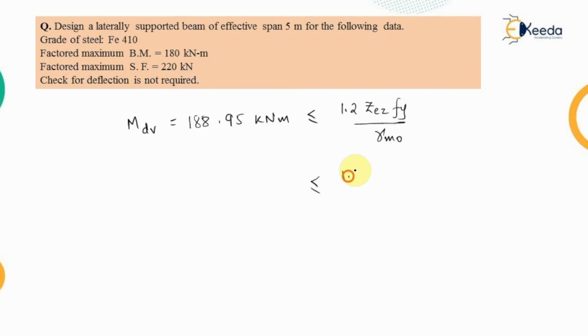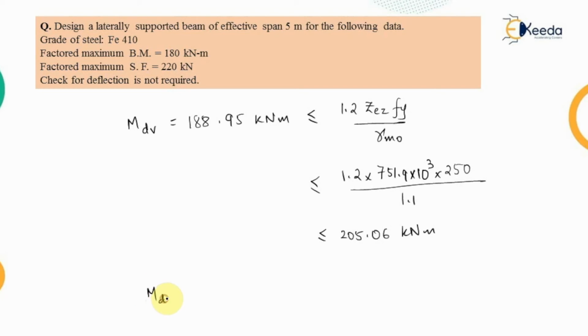Now if we replace all the values here, ZE corresponding to the section that we are having is 751.9 into 10 raised to the power 3, Fy is 250, while this gamma m naught value is 1.1. So that means this value should be less than 205.06 kilonewton meter. So from here we are obtaining that this MdV value is less than this value. So that's why our design criteria is okay.